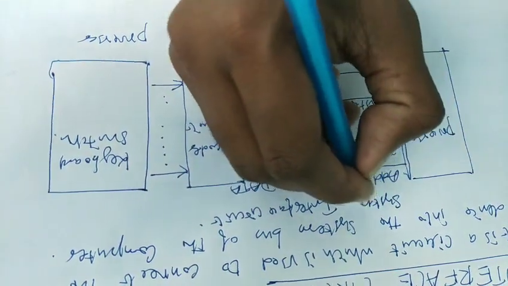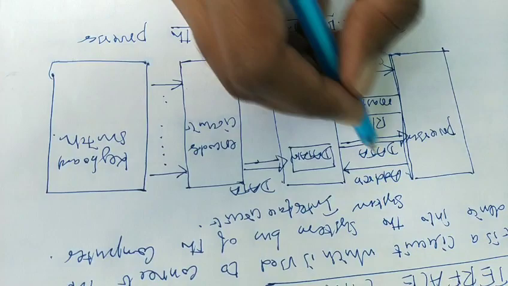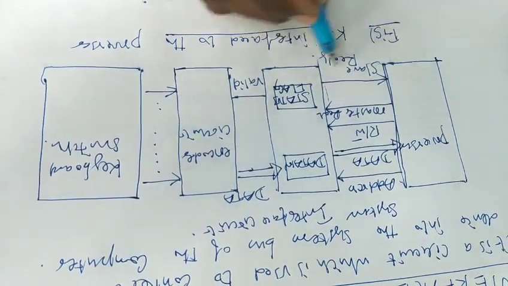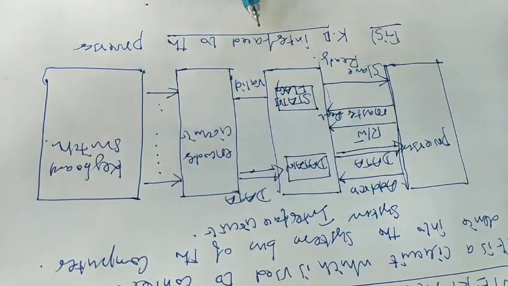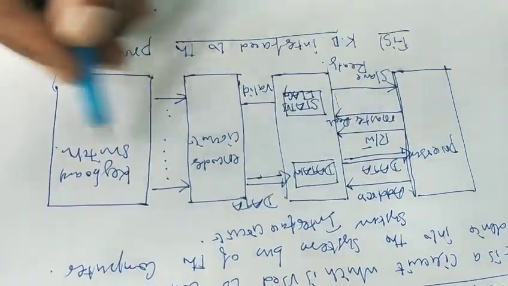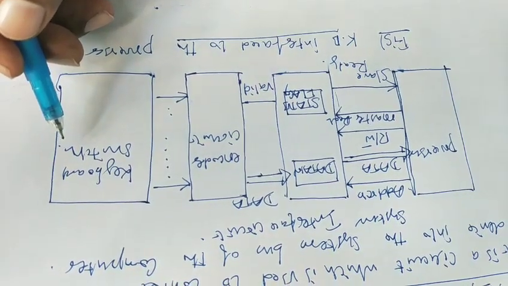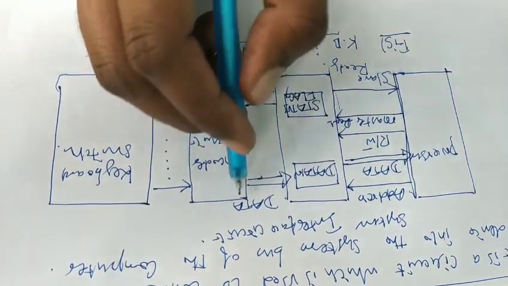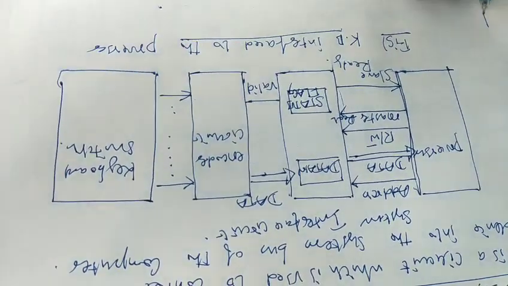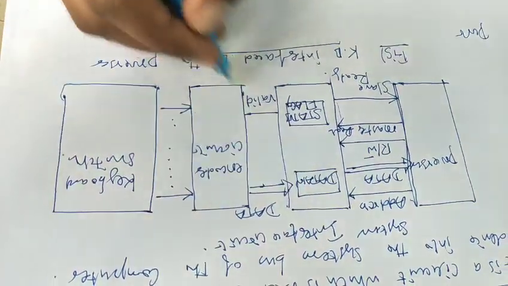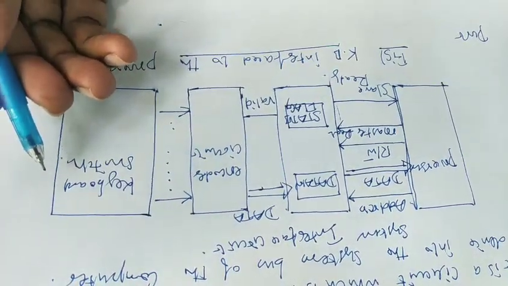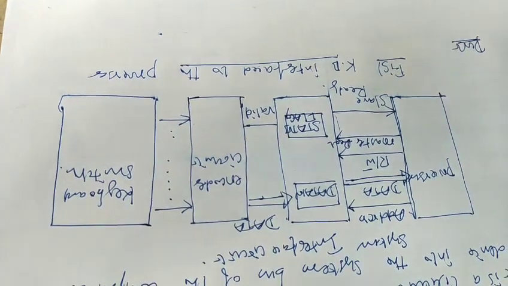On that side, the system bus consists of three lines: address line, data line and control line. On the other side, the interface circuit is connected with the keyboard or input device with the help of associated data lines. The associated data lines which connect the interface with the external device are known as the port.